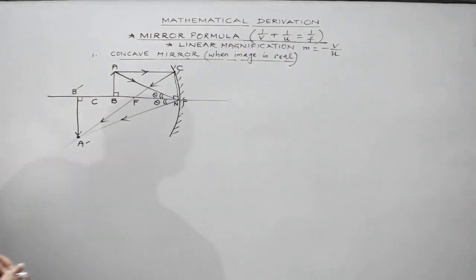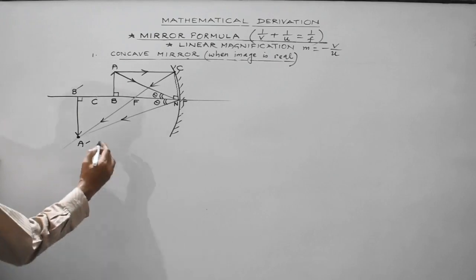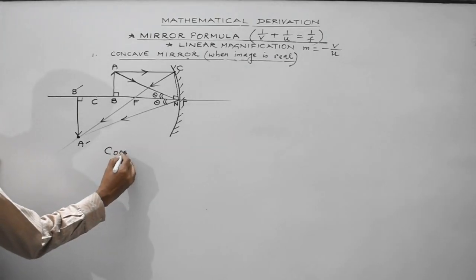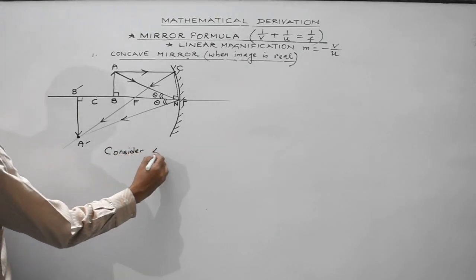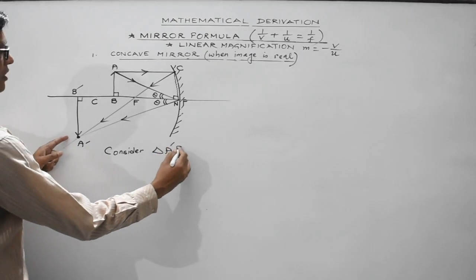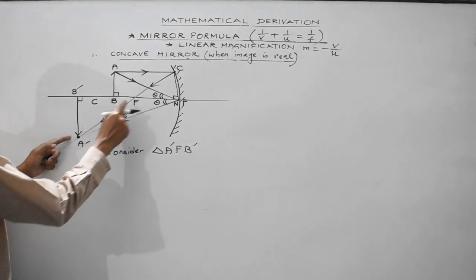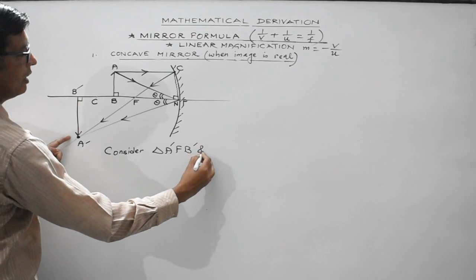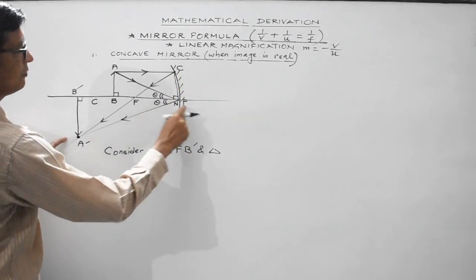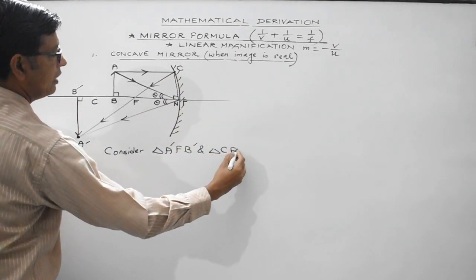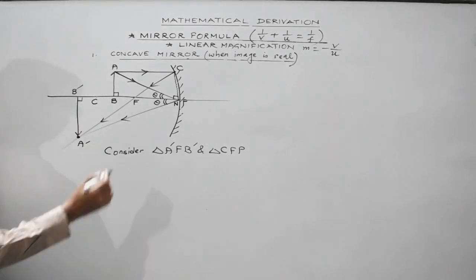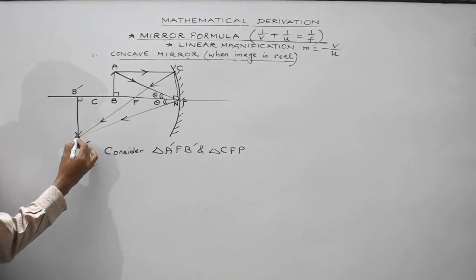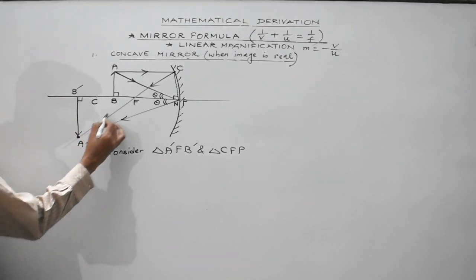So let's proceed. First and foremost, we need to consider 2 pairs of triangles, right? Consider triangle A dash F B dash and triangle CFB. I've asked you to consider these 2 triangles.